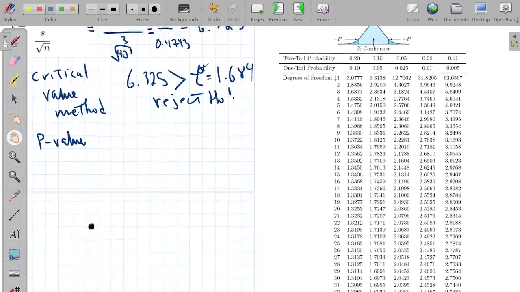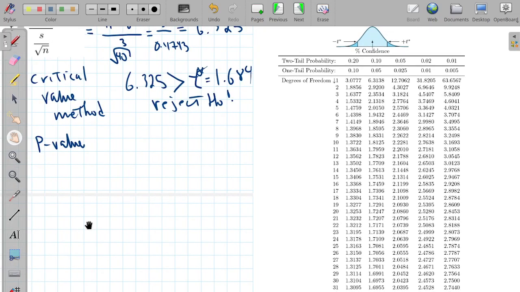Now, what does that mean in terms of p-values? Well, let's look up here. In terms of a one-tail probability, we can say that the p-value is smaller than that, because our test statistic is out here.